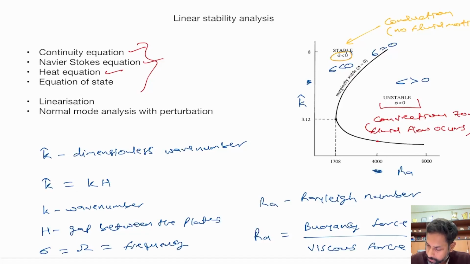And so for each place you will see a different K hat value for a different Ra value, but in this curve the minimum Rayleigh number we get is at this point, that is 1708, and that is for this K hat. So that is the minimum critical dimensionless wave number and minimum critical Rayleigh number. Okay, so we will analyze that a little further now.